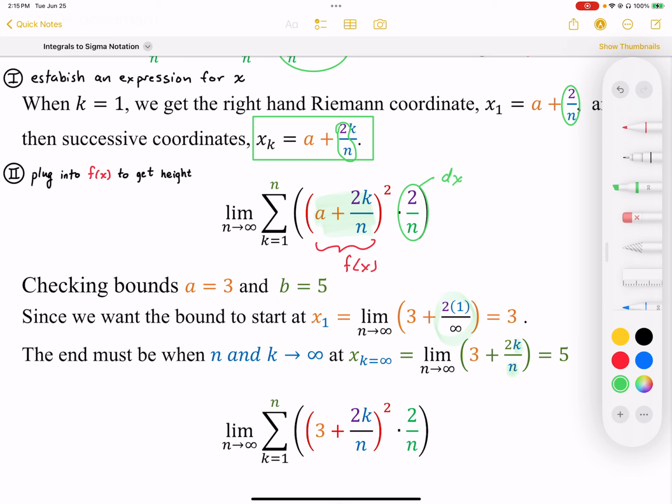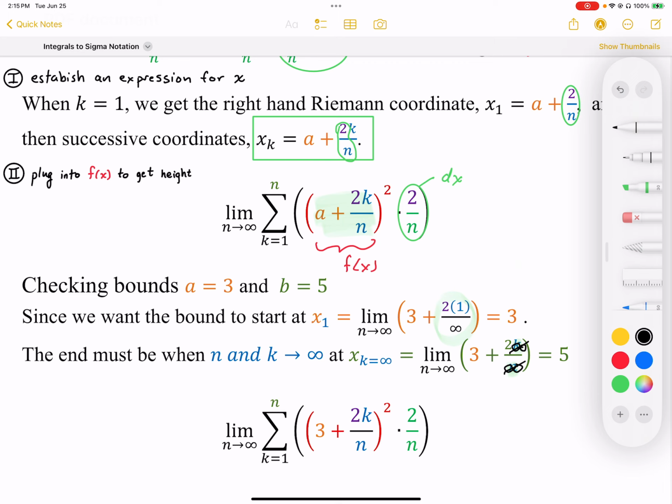So we have infinity divided by infinity. K is going to be infinite. N is infinite. This is a linear term divided by linear term. So we end up with 3 plus 2, and that gives us our value when k is infinite. As we let n go to infinity, our last term, our end point, equals 5.